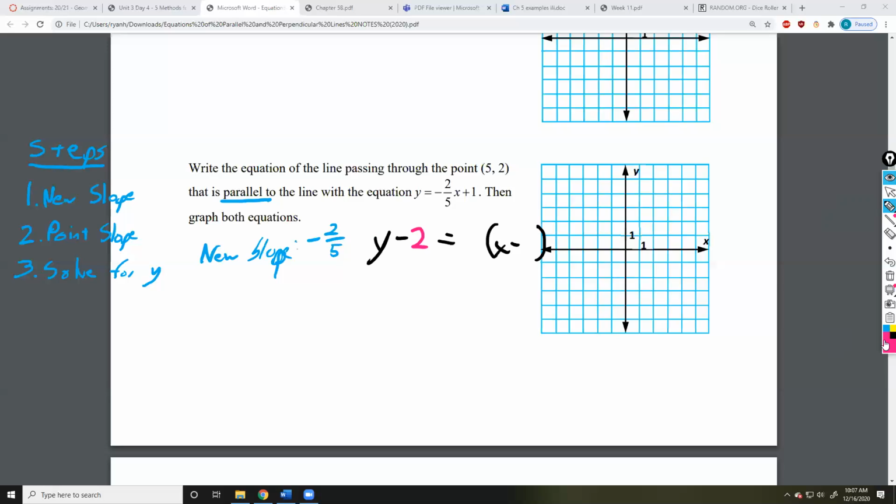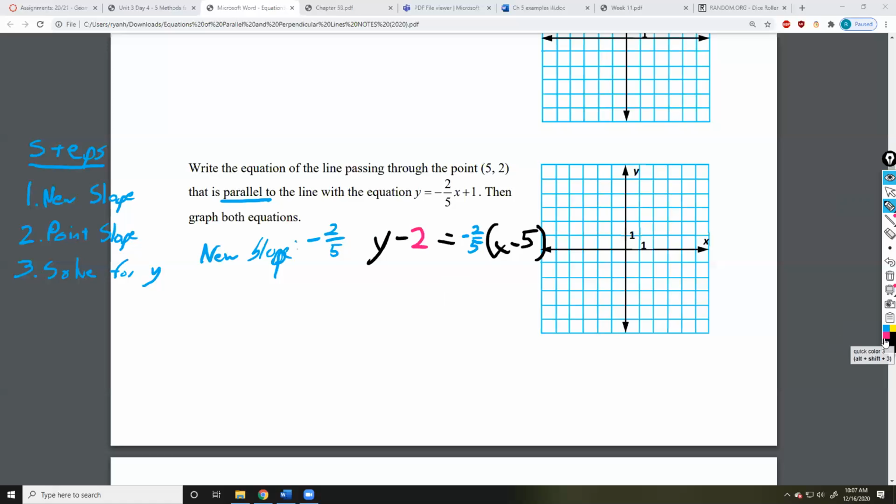Equals our slope. Our slope stayed the same. It was -2/5. Times x minus our x coordinate. Our x coordinate here is 5. So that's our x coordinate of the point.